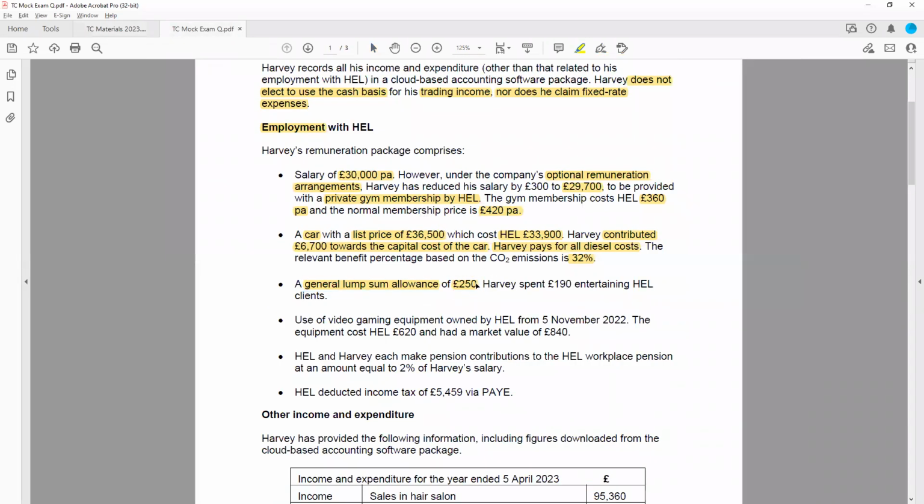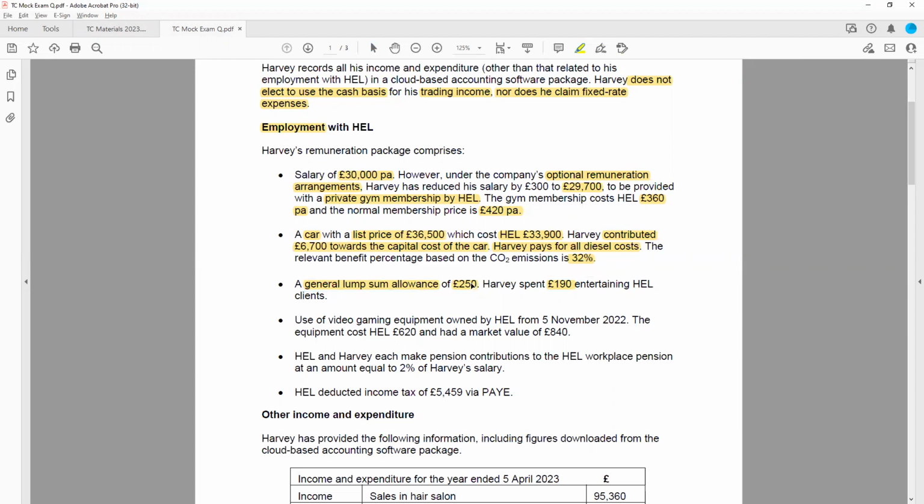So really all he's ended up with is £60. But because this is a lump sum allowance rather than an entertaining allowance, it's tax on the full amount, can't deduct the entertaining. If that was called entertaining allowance, then he'd only be taxed on the 60. So that's a tricky thing to look out for.